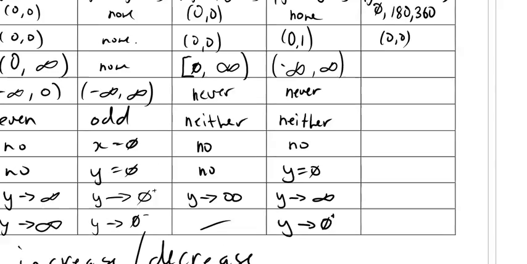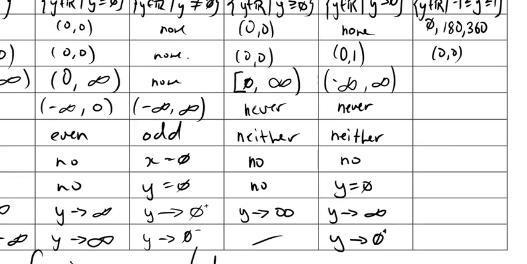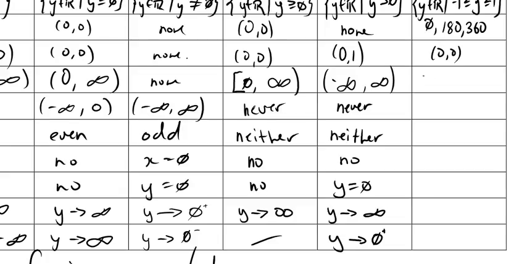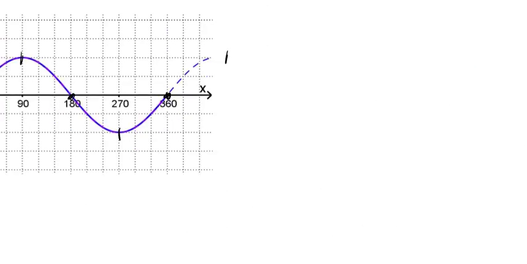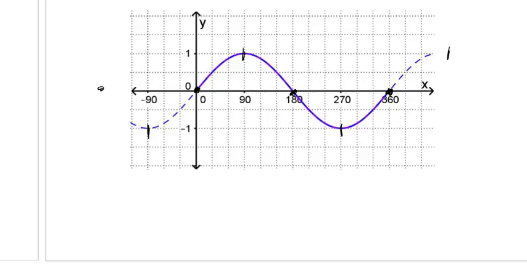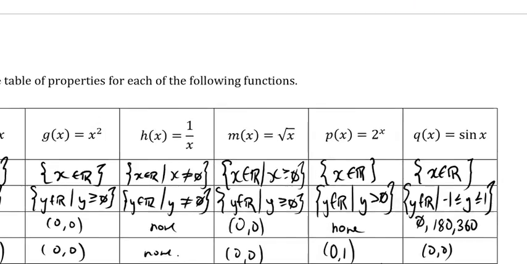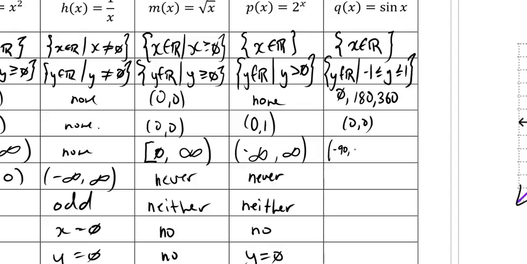So again, we do have a way that we can write this, but let's just say interval of increase is from negative 90 to 90, and then I'll do another one from 270 up to 450, and so on.